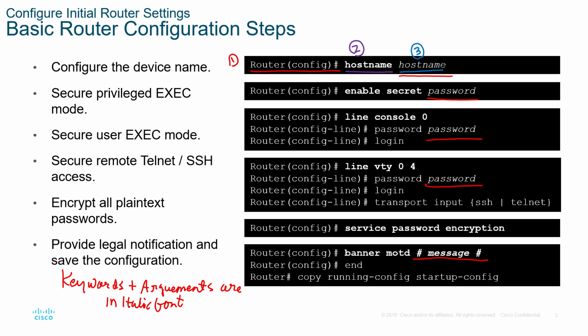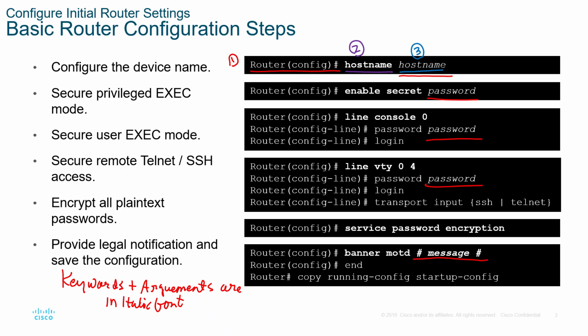Now the last on the line VTY, and you can also put this on your console line, is transport input. You have a choice of SSH or Telnet. In older models, Telnet was already implemented by default.